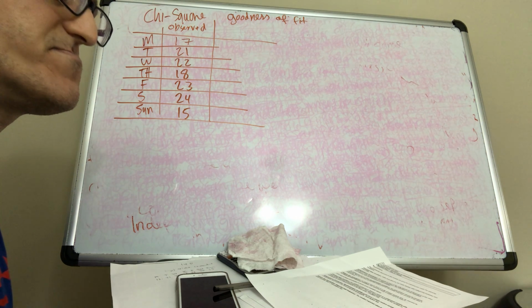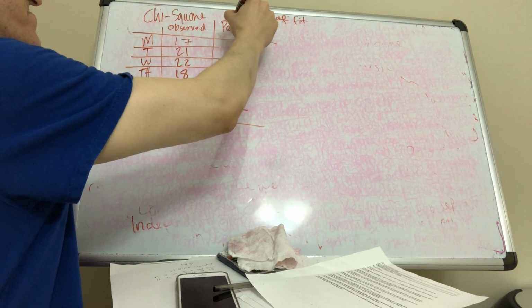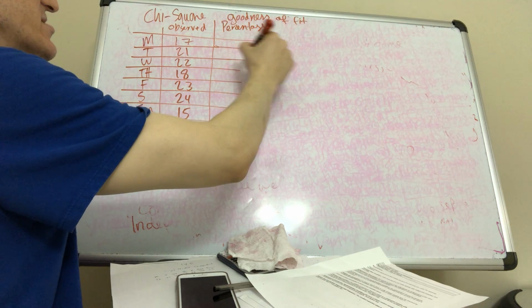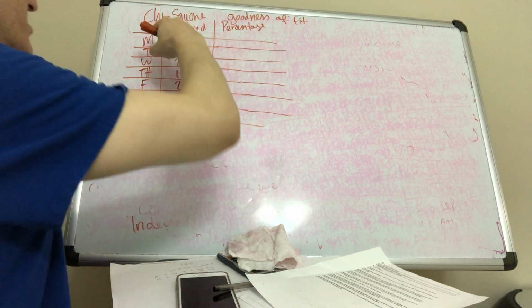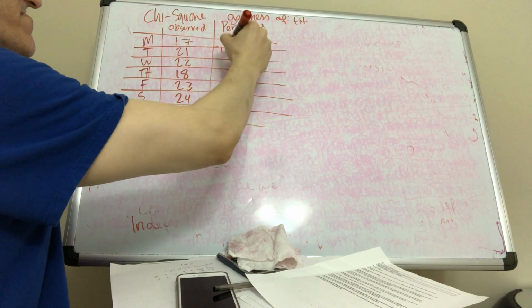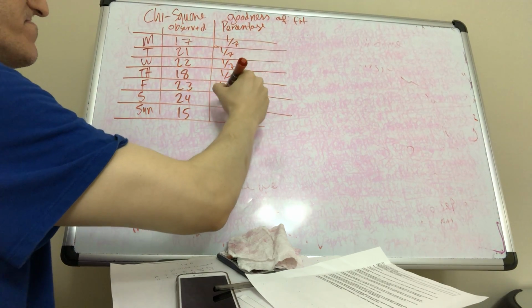Now, the percentage. Since they say equally likely, there are 7 days, so this would be 1 out of 7 for all of them.